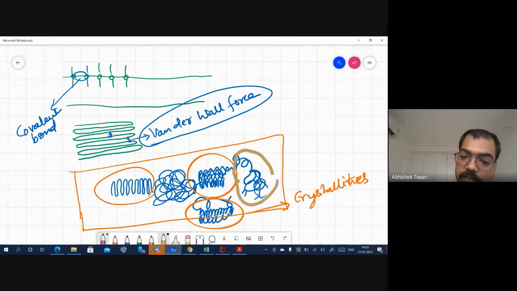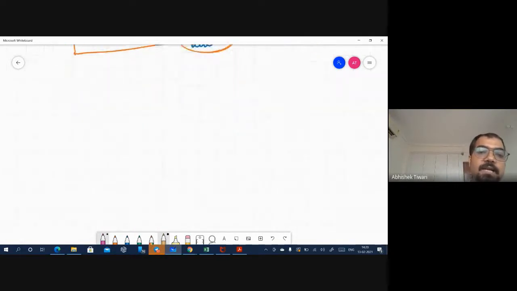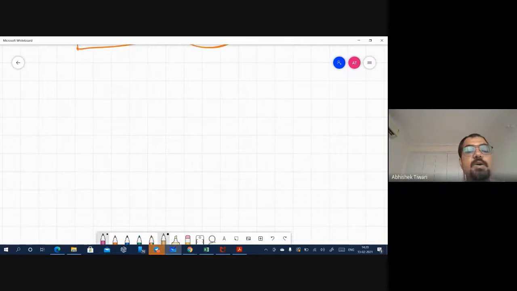So this part of the material is amorphous, and the others are crystallites. So what you see is that a polymer basically is a combination of short range ordered and amorphous type of material. And this is very similar to what we had in the metallic materials also.